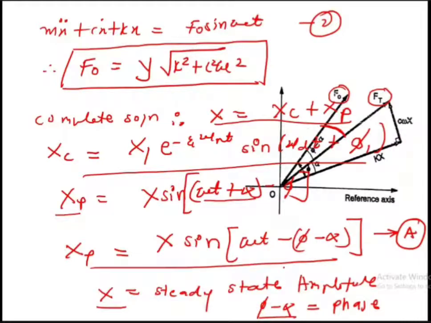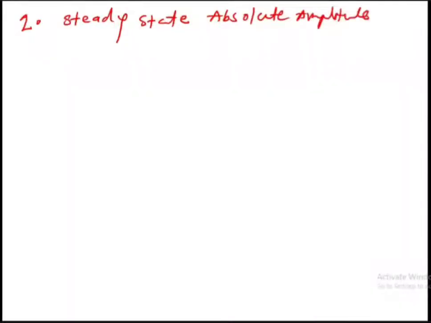Okay, so now point number 1. Now let us derive the steady state absolute amplitude. This is called steady state, you can also call it steady state absolute amplitude. What is the steady state absolute amplitude? X. Within a short period of time, I will derive this.